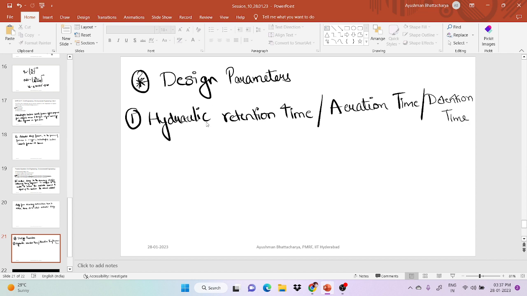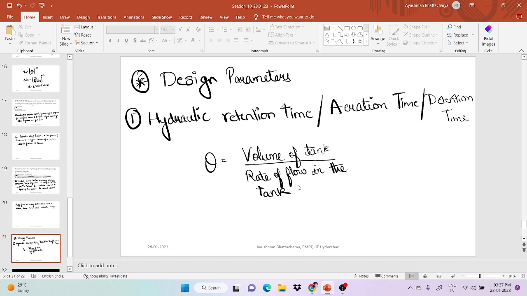Okay, so hydraulic detention time theta is equal to volume of tank divided by rate of flow in the tank. So basically theta is V by Q.